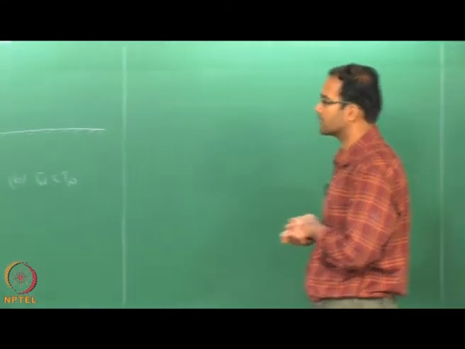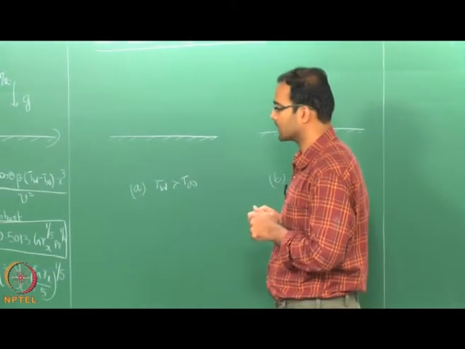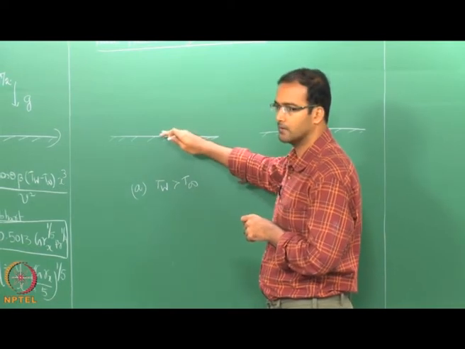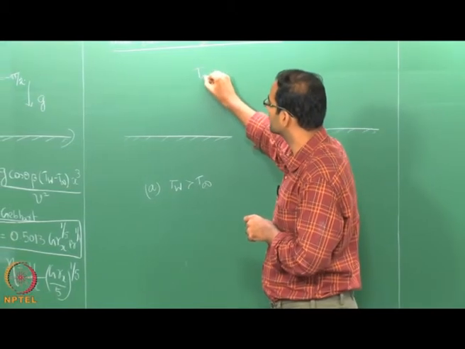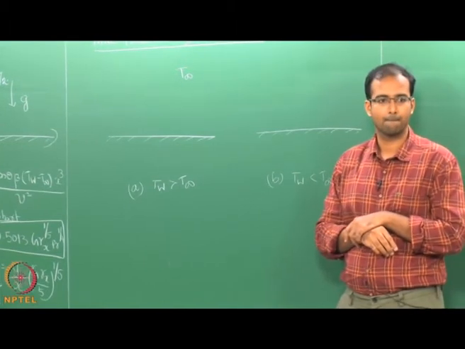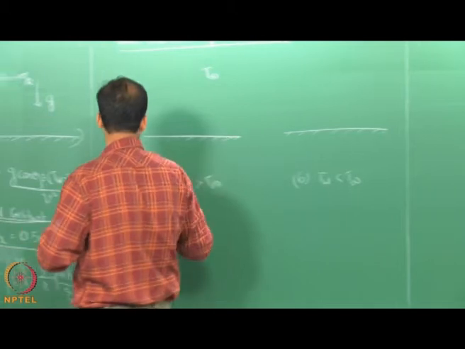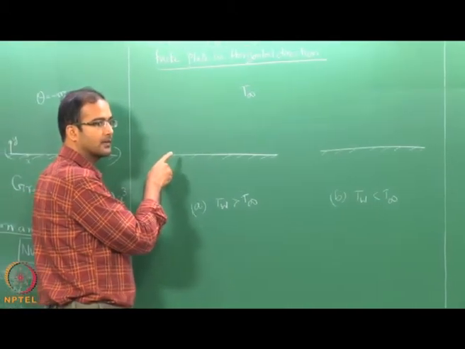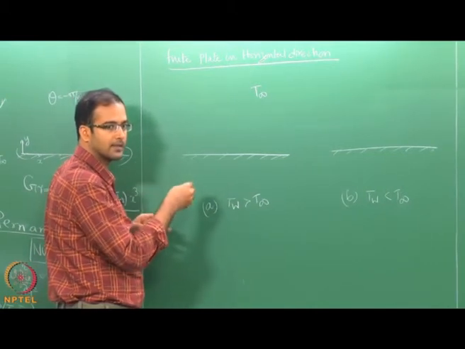So, let us come back to the finite plate configuration where T wall is greater than T infinity. Now, what do you think will happen when I have a heated plate and the surrounding is T infinity and this is of finite length? So, naturally the fluid in contact with the plate which is getting heated up has a lower density and its tendency will be to rise up.